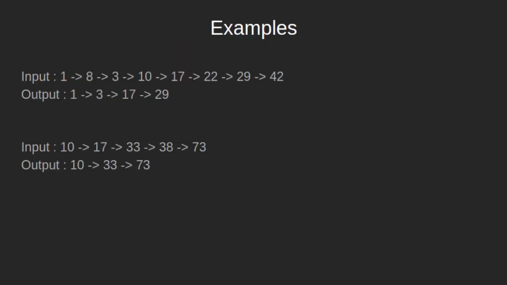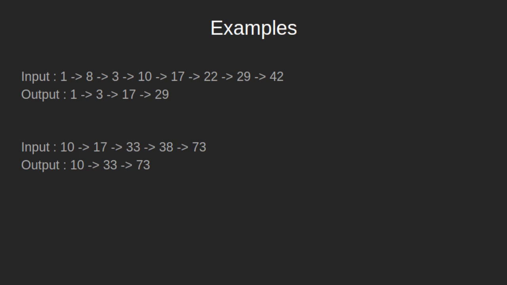In the first example, we are given a linked list 1, 8, 3, 10, 17, 22, 29, 42. So we get output as 1, 3, 17, 29 since these are alternate nodes of the linked list.